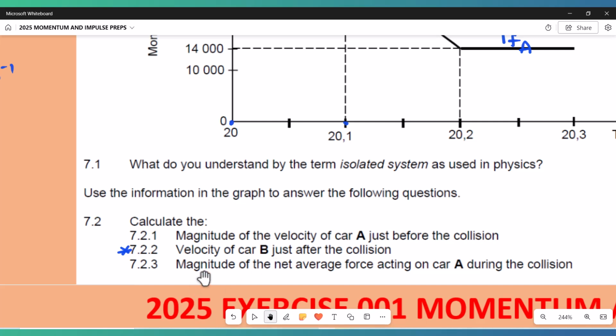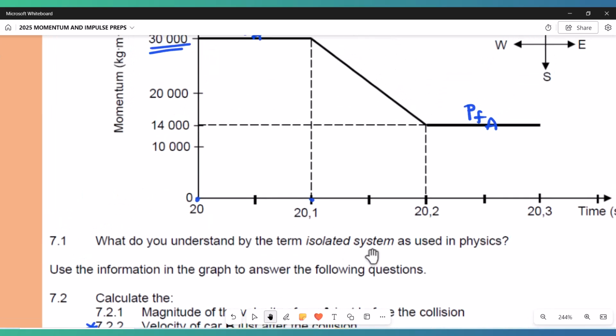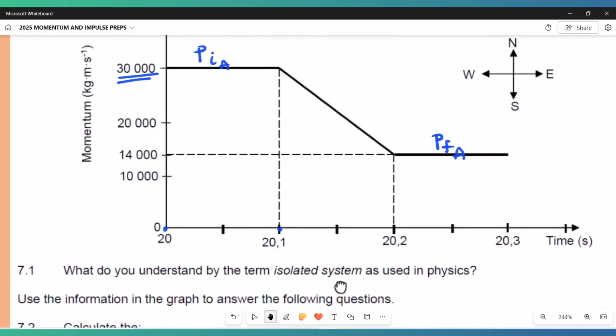Then they say, calculate the magnitude of the net average force acting on car A during the collision. Now this is car A, and I want the average net force acting on it during the collision. From 20.1 to 20.2, that's when car A undergoes collision.